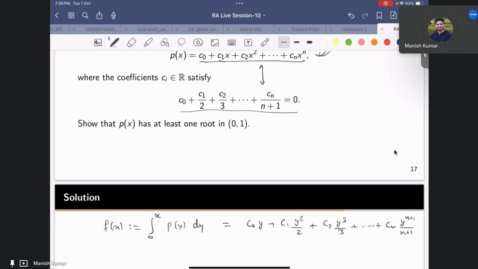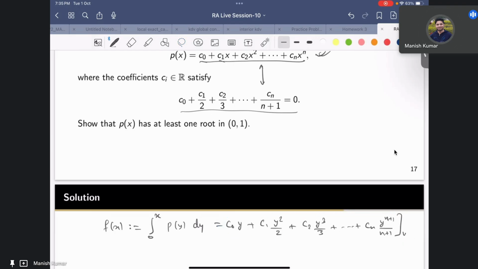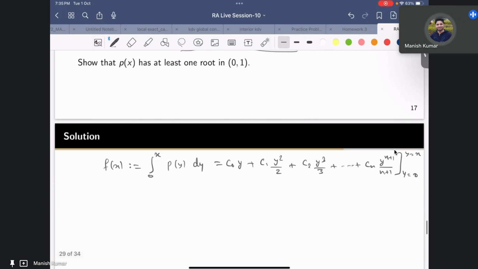Since this is a definite integral, the value will be taken at y equals 0 and y equals x. So my function is c0 x plus c1 x square by 2 plus c2 x cube by 3 plus dot dot dot plus cn x to the n plus 1 by n plus 1. This is the function I have got.